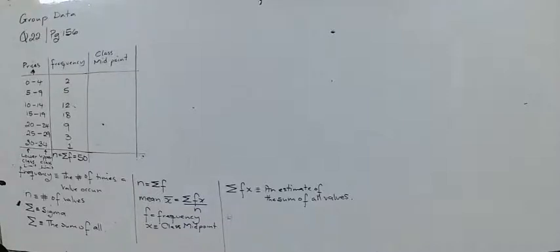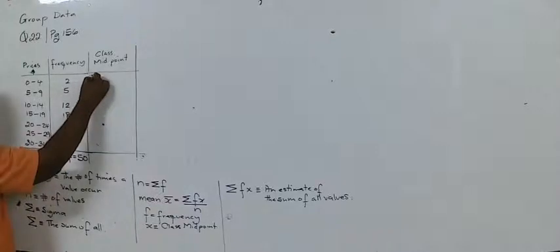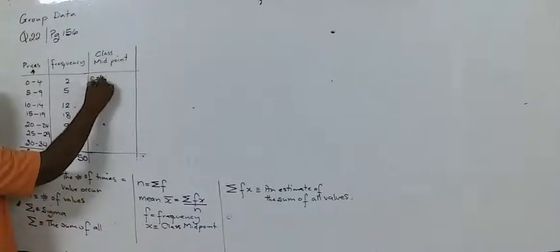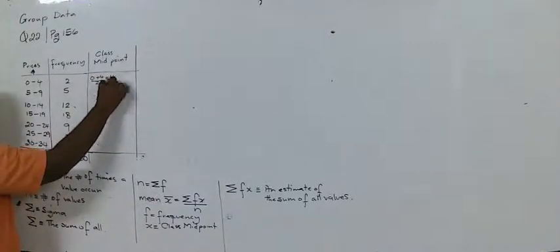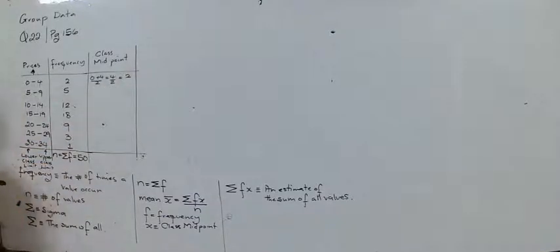Now, here's where you find the class midpoint. You add the lower limit and the upper limit and divide by 2. So this is 0 plus 4 over 2, which is 4 over 2, which is 2.